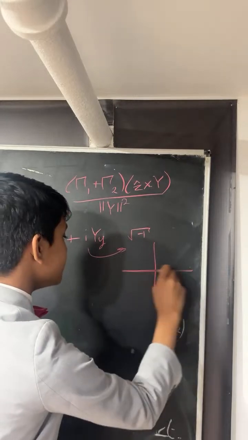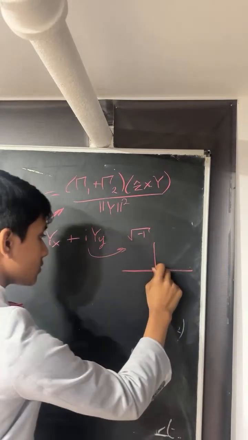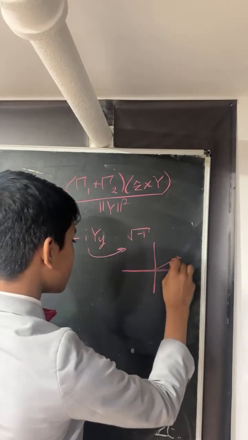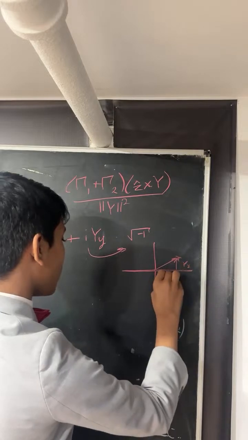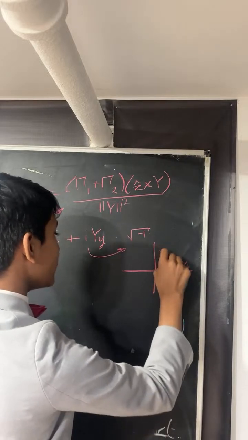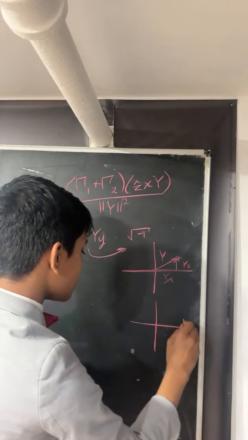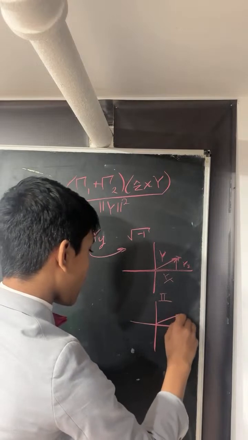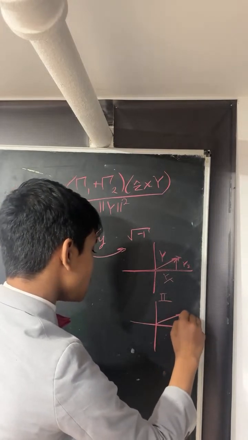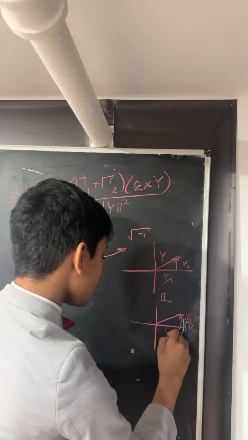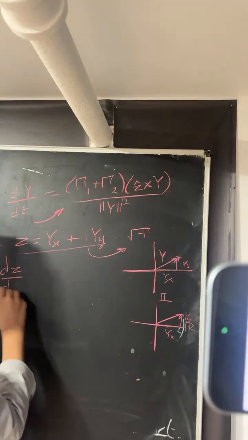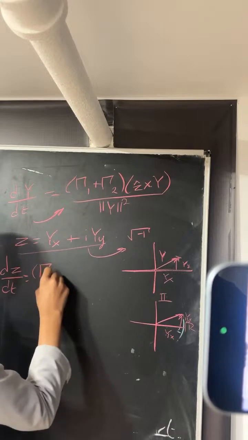It's like we've transmitted y, with components yx and yy in the regular plane, to y in the complex plane. Okay, so we have this. dz/dt is now equal to this.